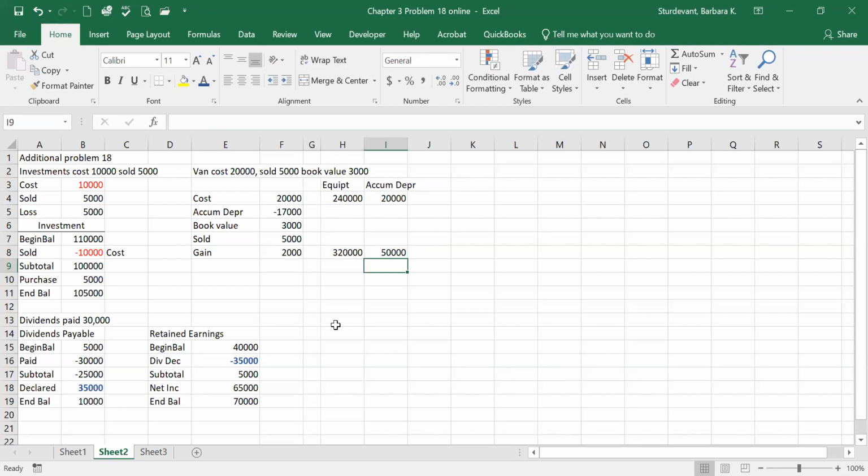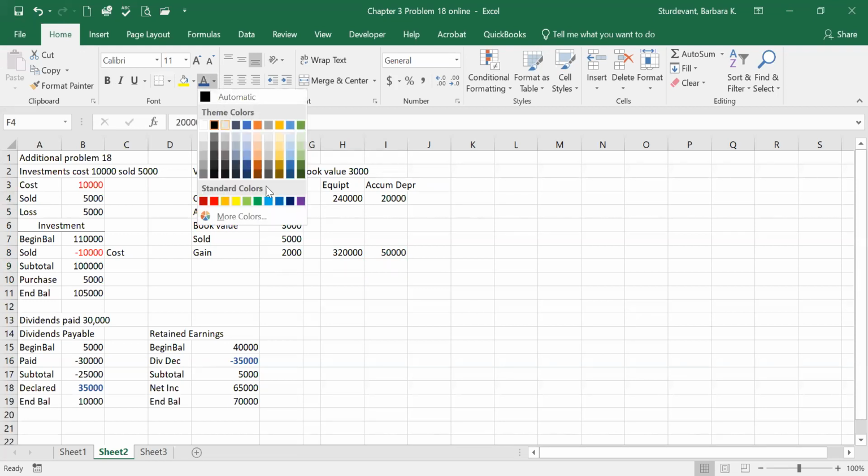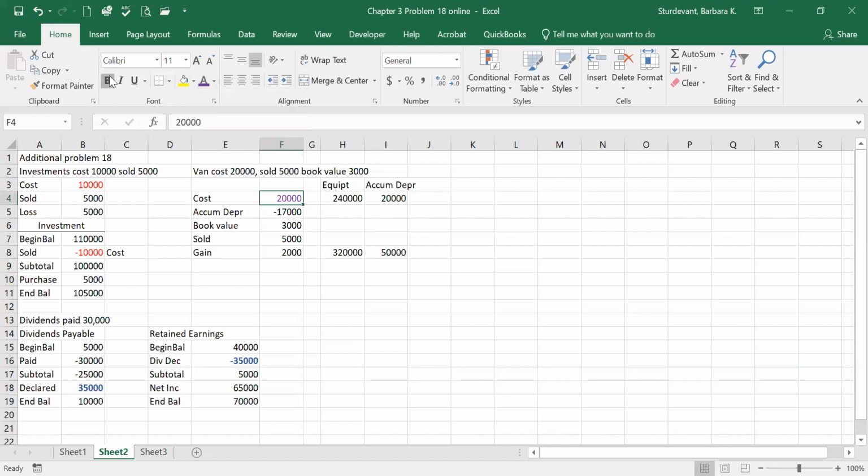All right, so let's see what we have. We sold a piece of equipment. That piece of equipment cost $20,000. When I bought it, I put $20,000 in my equipment account.